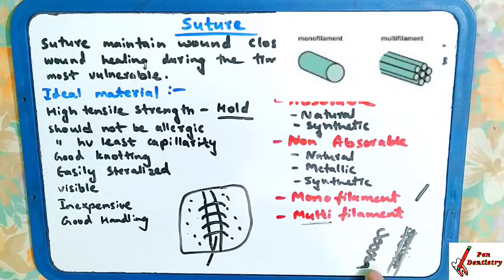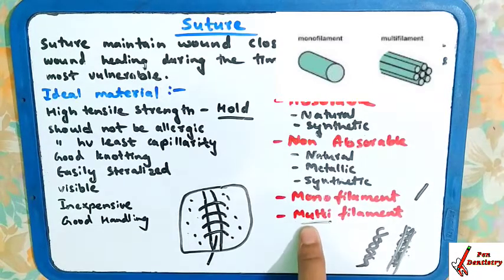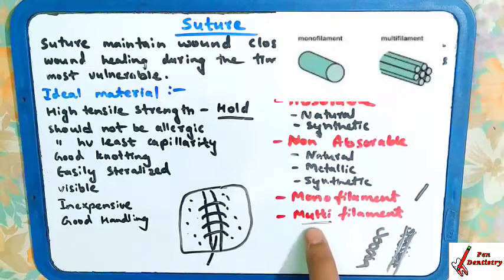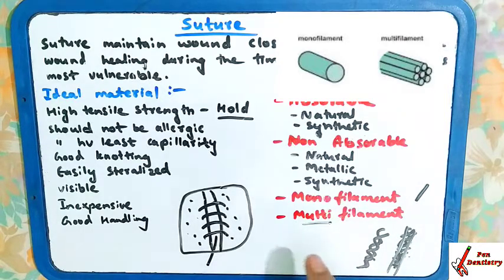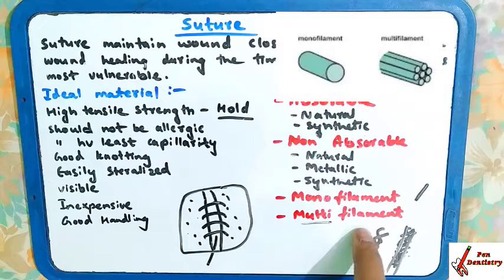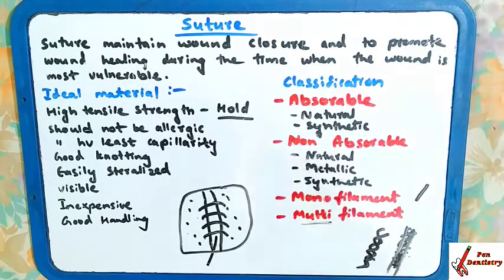As you can see, the space helps microorganisms to grow. So the suture should be bacteria free, but during surgery multifilaments might get contaminated and infected after surgery due to the presence of multiple filaments.